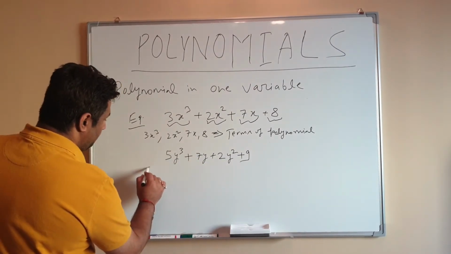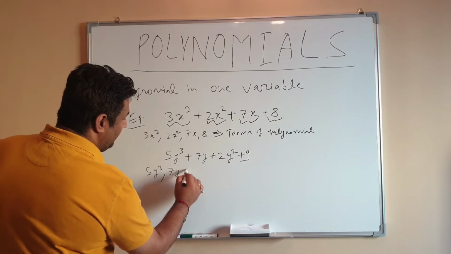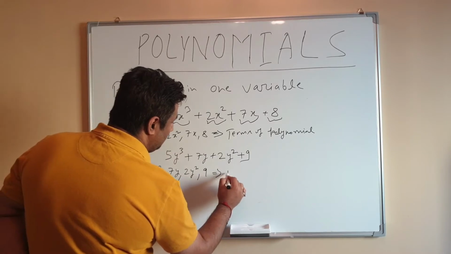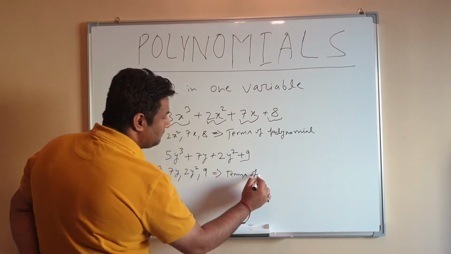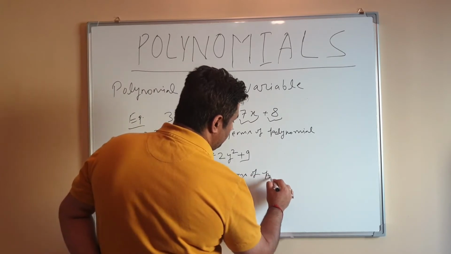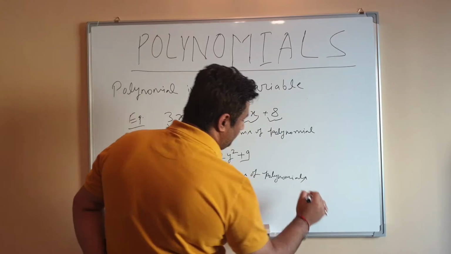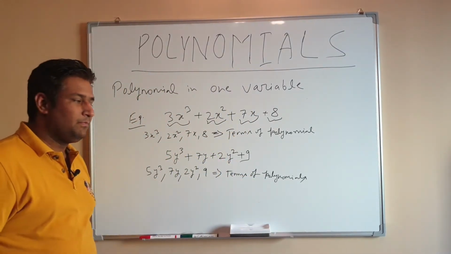Similarly here, 5y cube, 7y, 2y square, 9, all these are again terms of the polynomial.